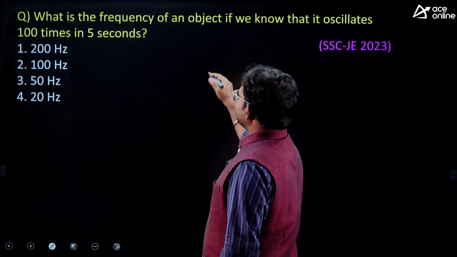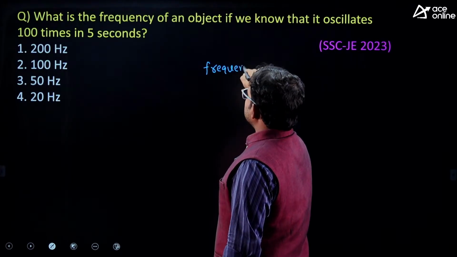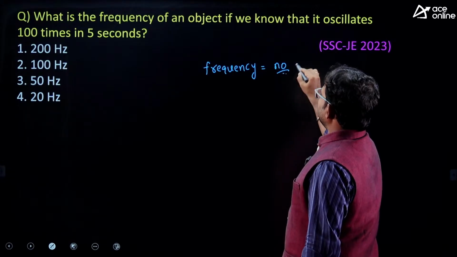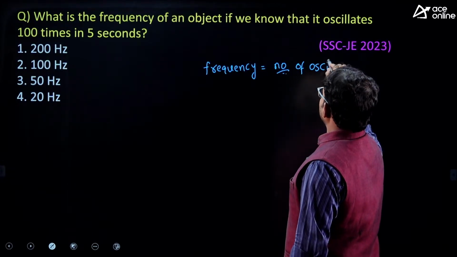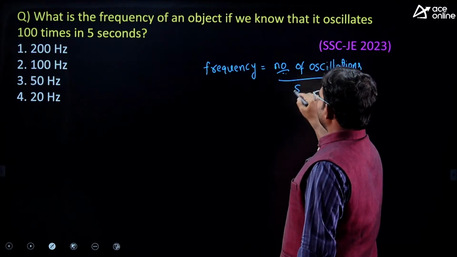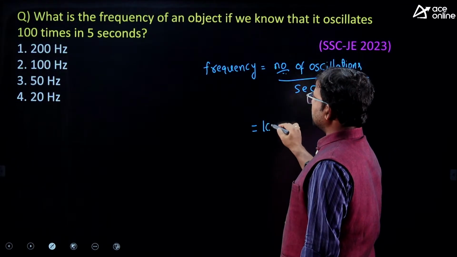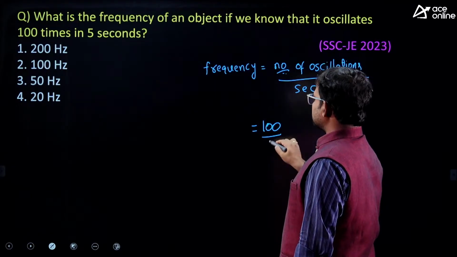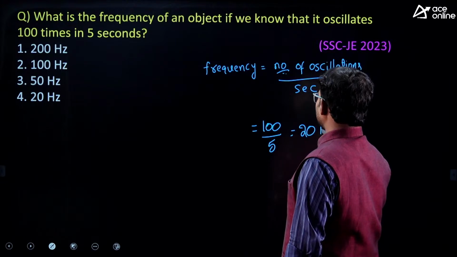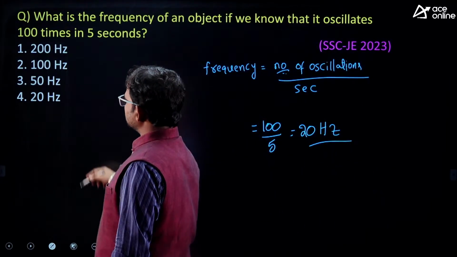We already know that frequency is equal to the number of oscillations per second. Here they mention the number of oscillations is 100 and the time is 5 seconds, so 100 by 5 gives 20, so 20 hertz or cycles per second. These are the units, right?